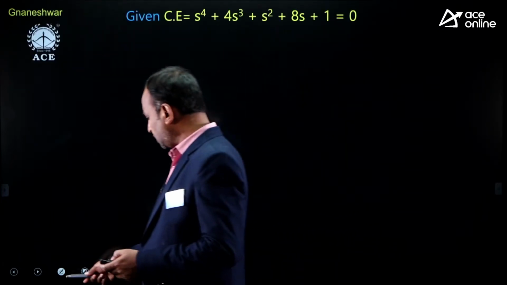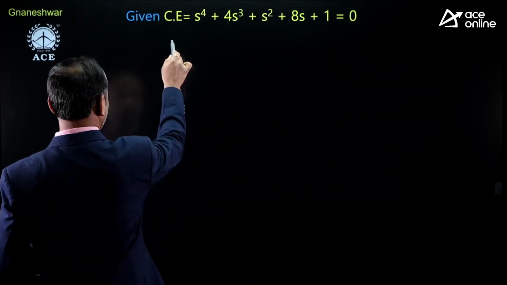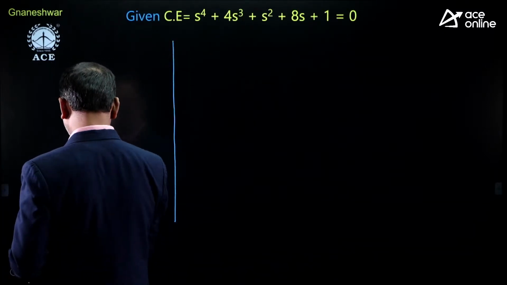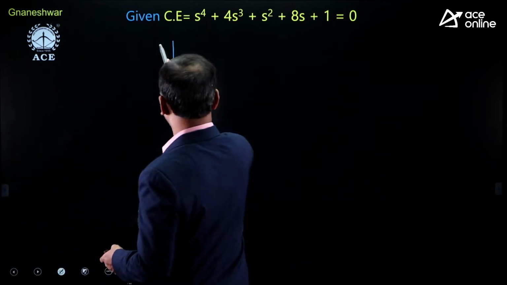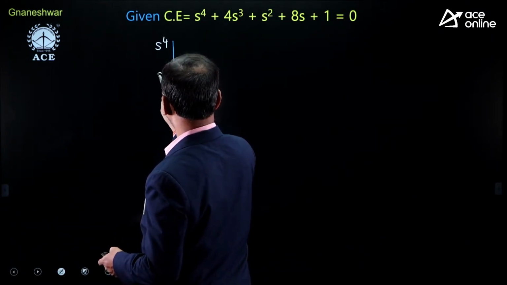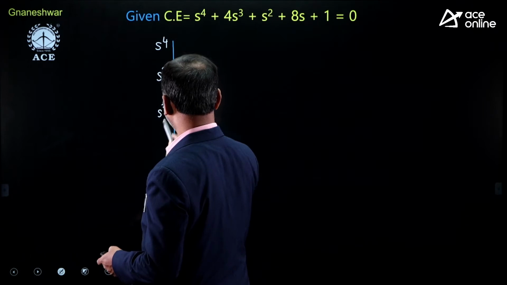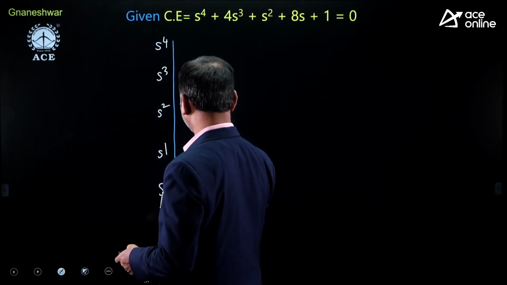Now this is the given characteristic equation. I am writing it here for the RH method. Note down: starting with S power 4, S power 3, S power 2, S power 1, S power 0.